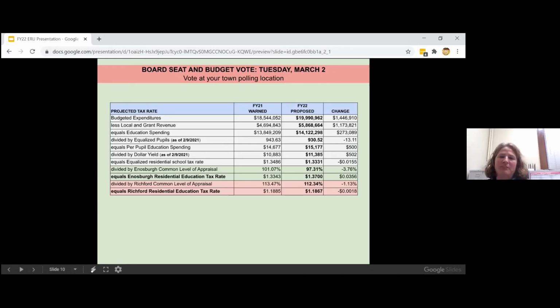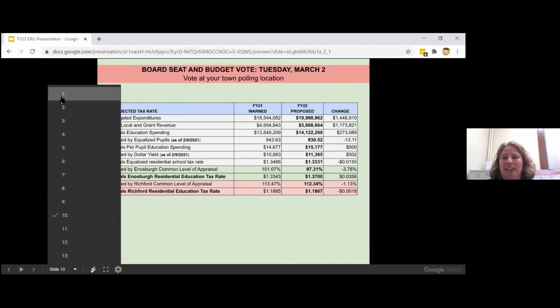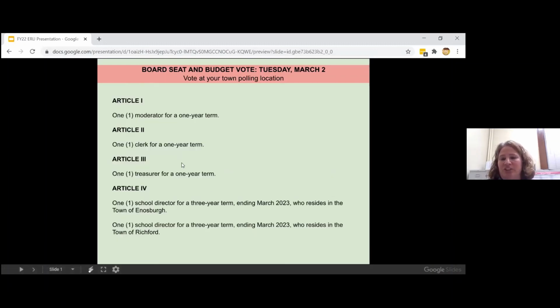So if there are no other questions, again, you can see that the board seat and budget vote will be Tuesday, March 2nd. I know the polling in Enosburgh will be at the Emergency Services Building from 10 o'clock in the morning to 7 at night. And voting in Richford will be at the town hall, correct? Yes, town hall from 10 to 7 as well.